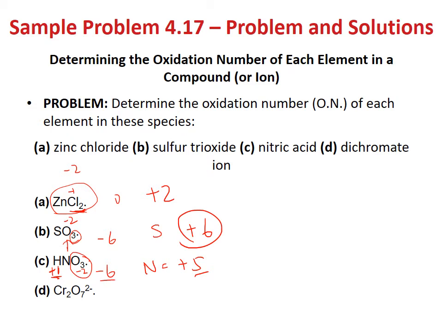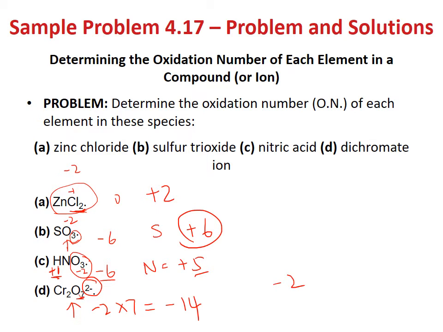Next one, dichromate ion. Oxygen is -2. You have 7 of them, so times 7 equals -14. Now the whole ion has a 2- charge, so the sum of the oxidation numbers must be -2.